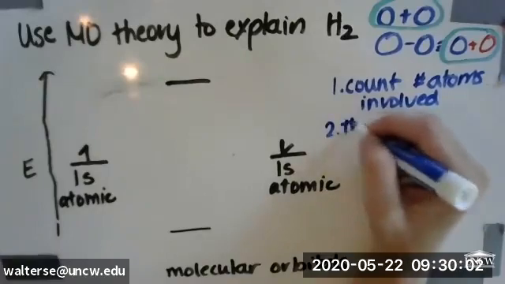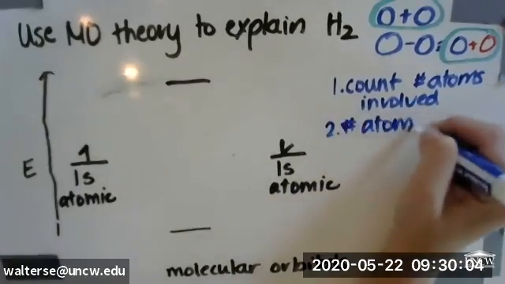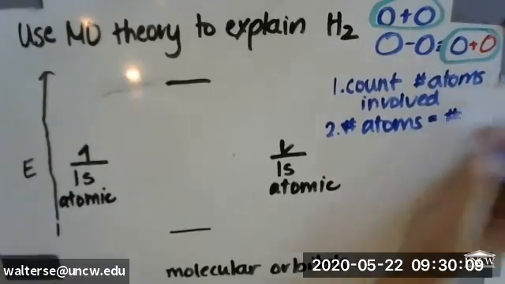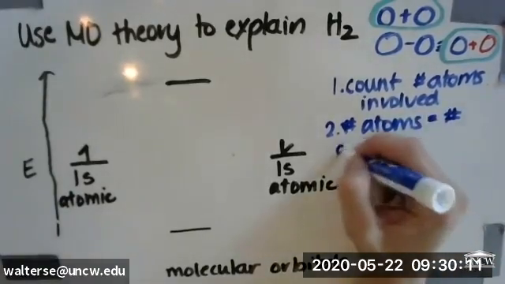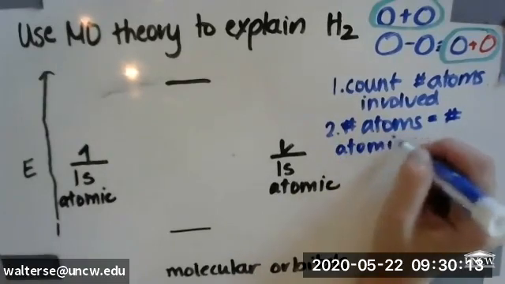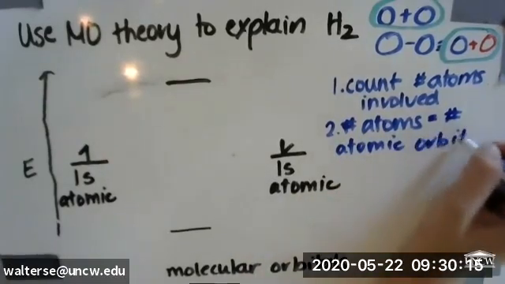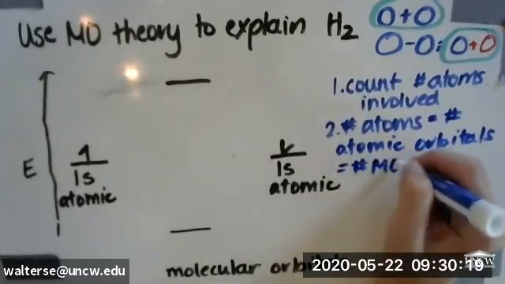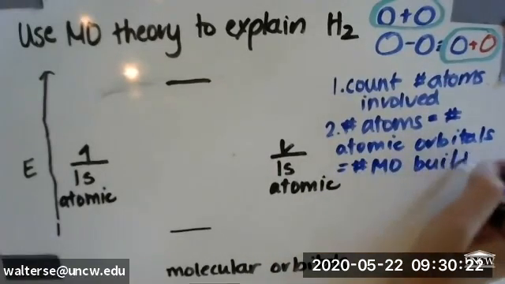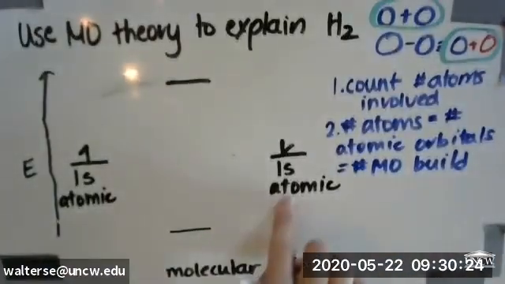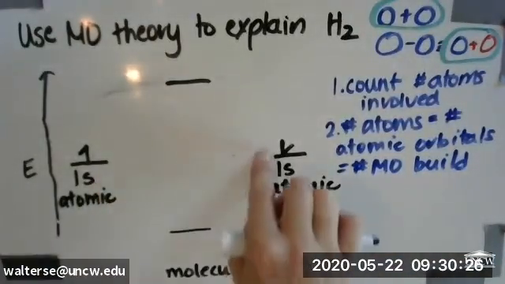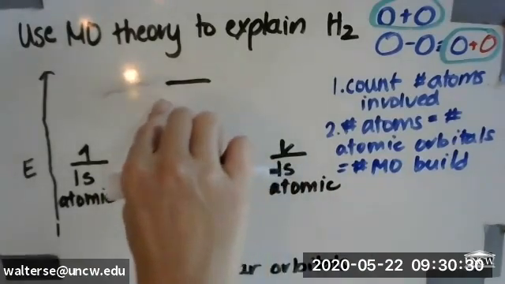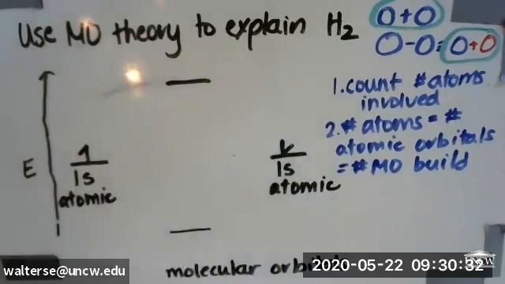Okay, the number of atoms is going to be equal to the number of atomic orbitals, which is going to be equal to the number of molecular orbitals you build. Okay, so we have 2 atoms, 2 atomic orbitals, and we make 2 molecular orbitals.